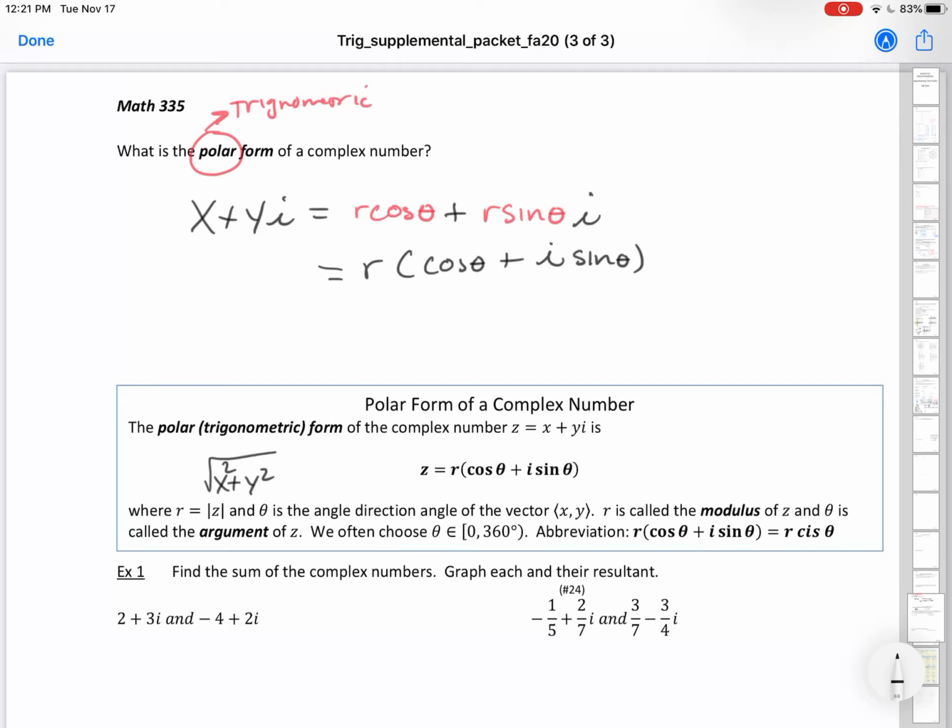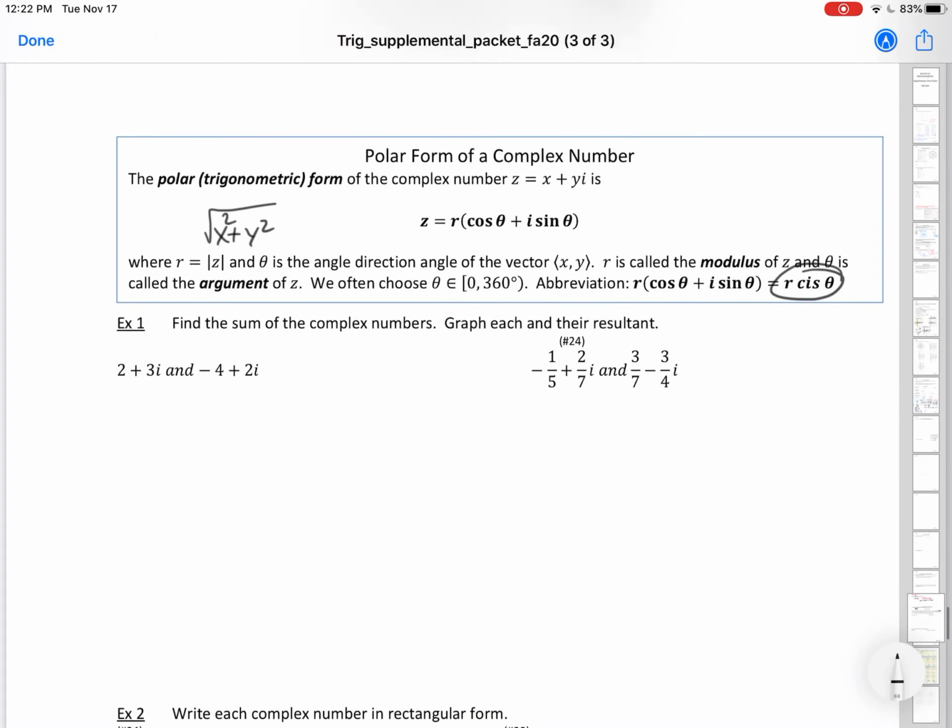Like if we go back to chapter 7, it was just the square root of a squared plus b squared, and the angle is the angle that's created between the x-axis and the vector. And so we often choose theta between 0 and 360. We don't have to. And then here's an abbreviation that they'll use in the book: r cis theta. So r, the magnitude, times cosine plus i sine of theta.